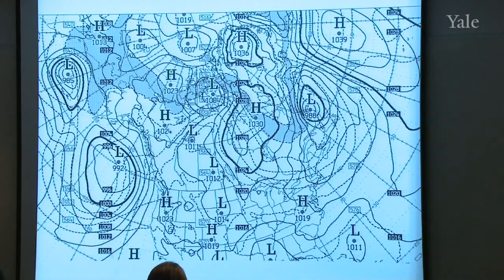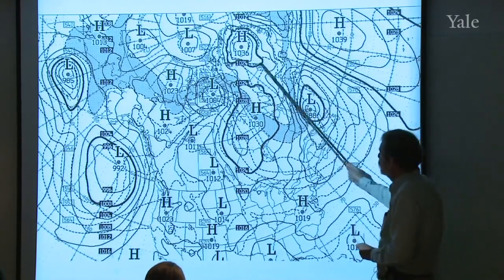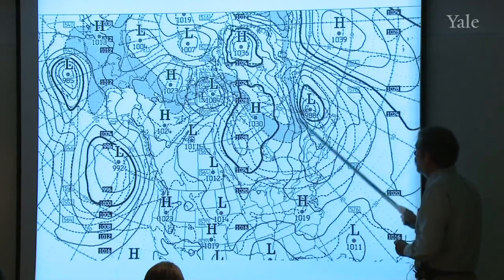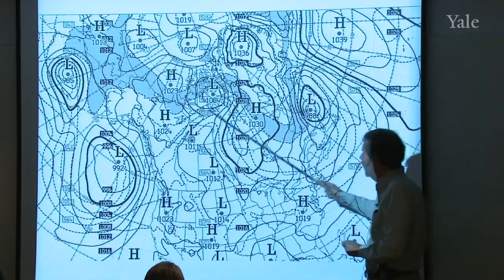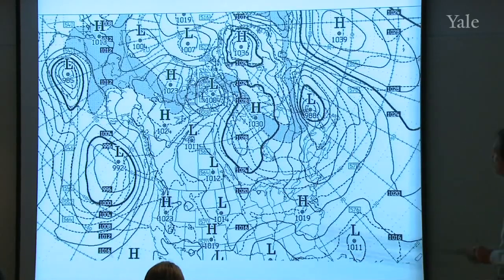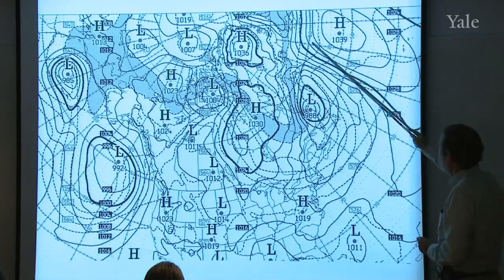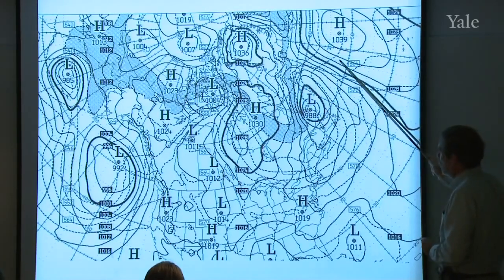If you expand out to look at most of the northern hemisphere, you can see that at any given time, there are lots of highs and lows, cyclones and anticyclones. And again, no wind is given on this, but you can get a pretty good idea of what the wind is. Each one of these lows has a wind going around this way. Each one of the highs has a wind going around that way.